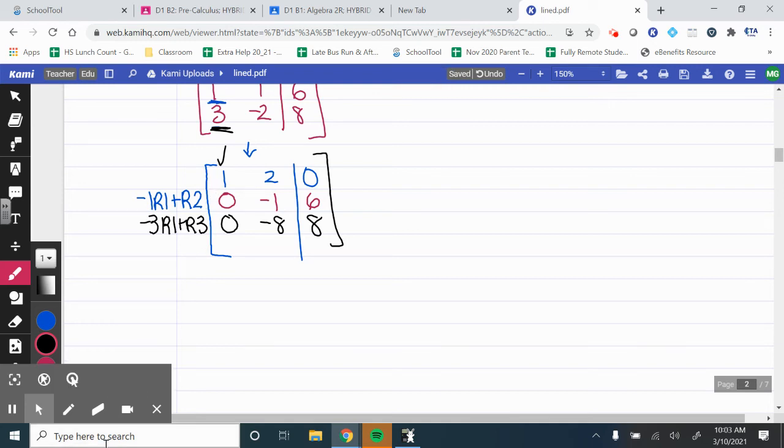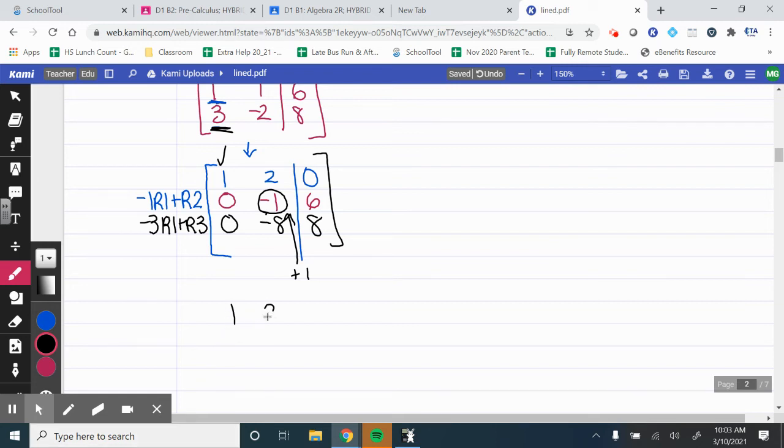Now I need to get my next lead 1, so along my diagonal, right here. This one I want to become a positive 1. Anytime you're trying to get a lead 1, you're going to multiply by the reciprocal, or in this case, we just need to multiply by a negative to get that to become a 1.